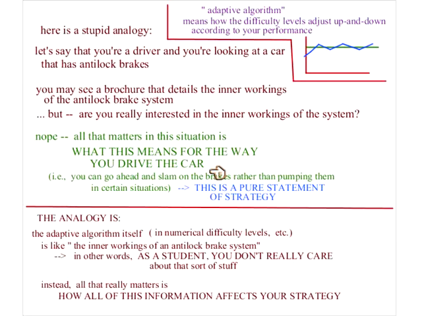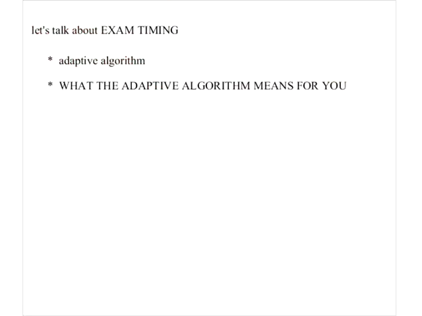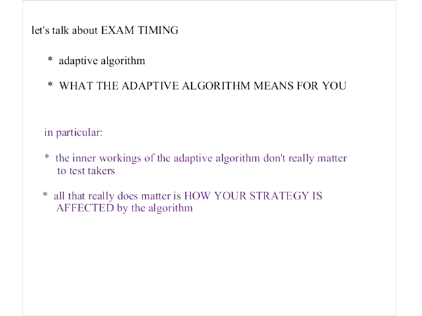Instead, all you really need to worry about is direct effects on your strategy. So with that in mind, let's go ahead and get into what the adaptive algorithm means for you as a student.